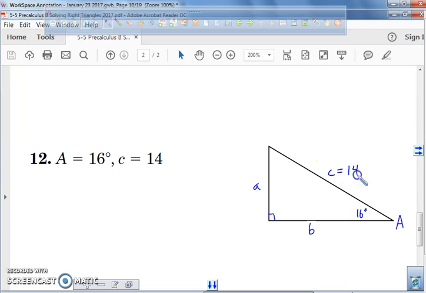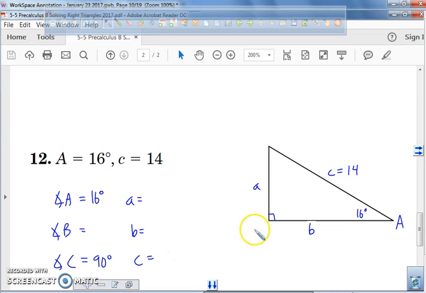There's a 14. I'm going to say angle A, angle B, angle C. Lowercase a, lowercase b, lowercase c. Angle A is 16 degrees. Angle C has to be 90. So what does angle B have to be?